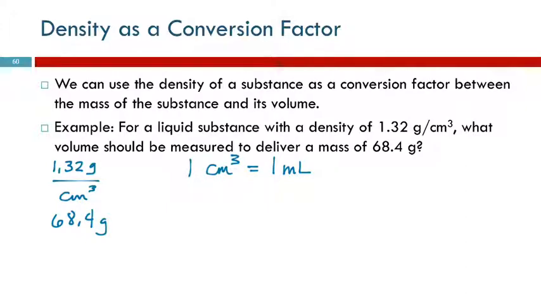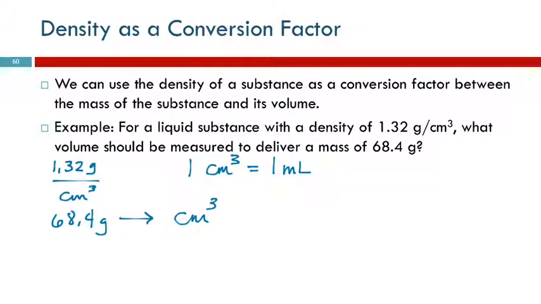Cubic centimeters is what we generally use for solids, and milliliters are generally used for liquids. But this density was given in grams per cubic centimeter. So if I choose cubic centimeters, then I don't have to do any messing around. So I can do this in one step to cubic centimeters because I have the density.